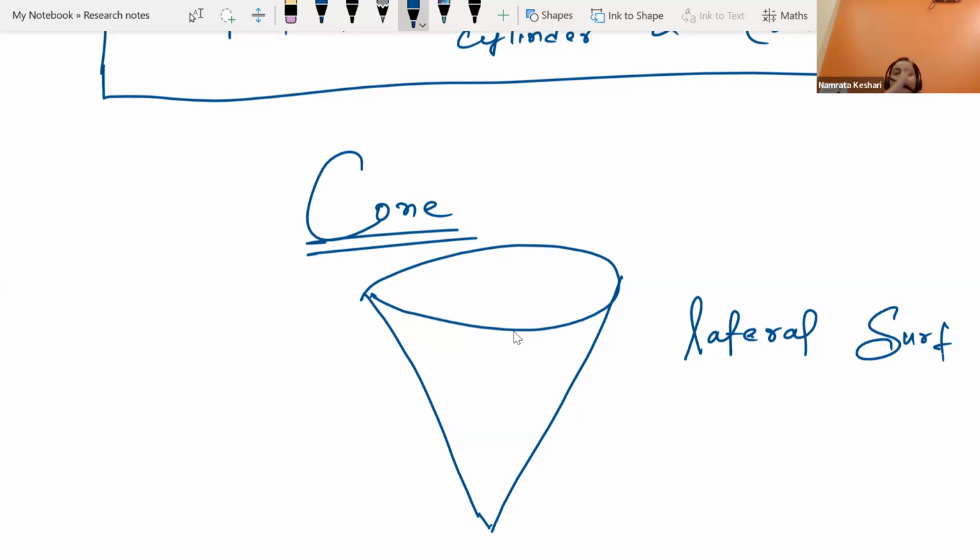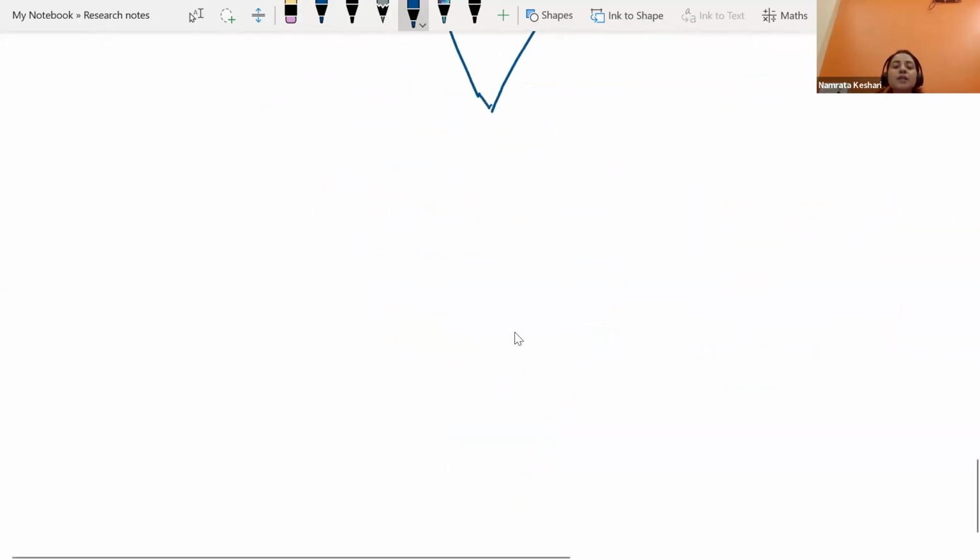Lateral means all around it, and curve means just the curved portion. We will also be discussing the total surface area over here.